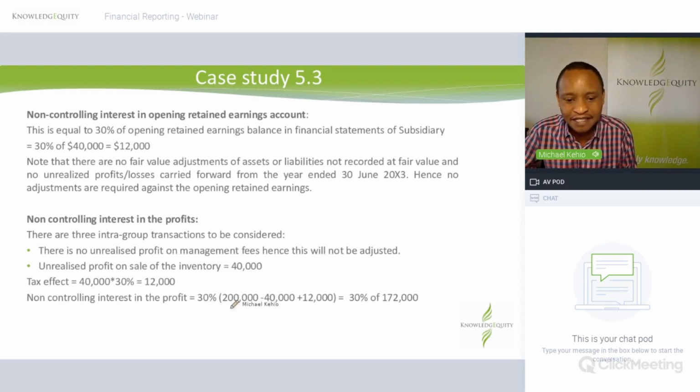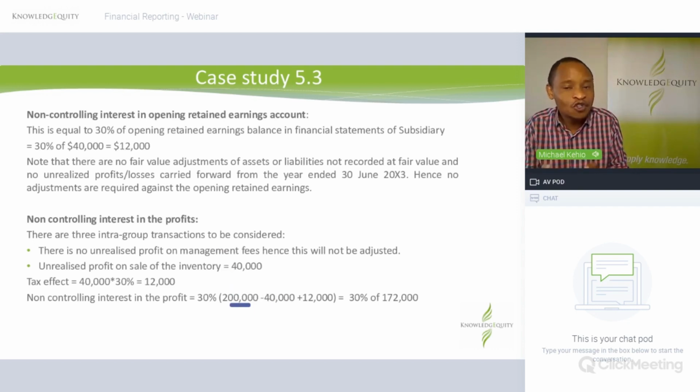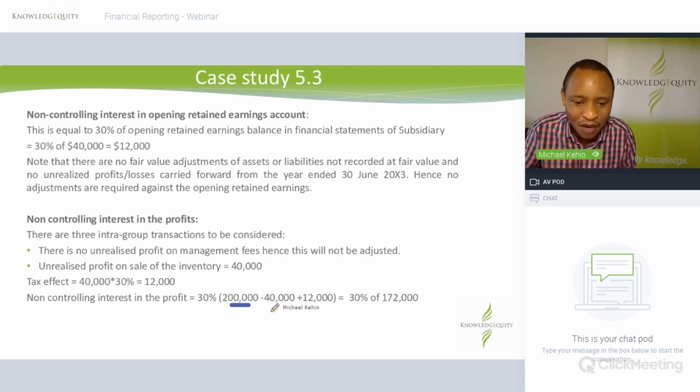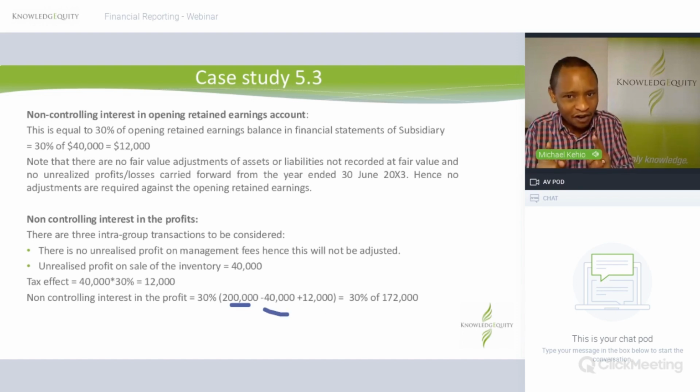So what we are saying is, yes, the subsidiary made 200,000. Yes, the non-controlling interest owns that 30% of that 200,000, but not too fast. Part of that amount is actually not earned. It's not realized. And so we need to deduct that, which is why we deduct the 40,000. But we say, hang on, we were also taxed this amount, so we need to reverse that.